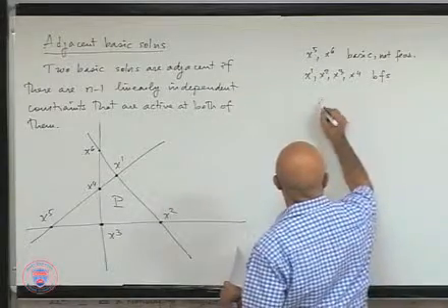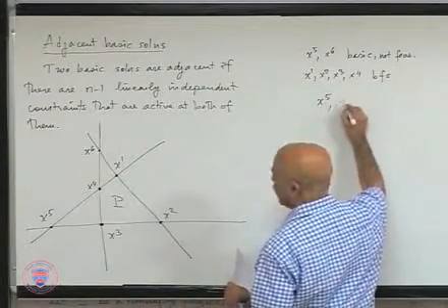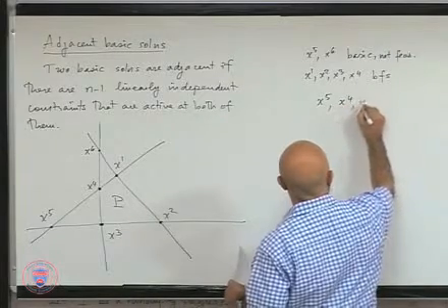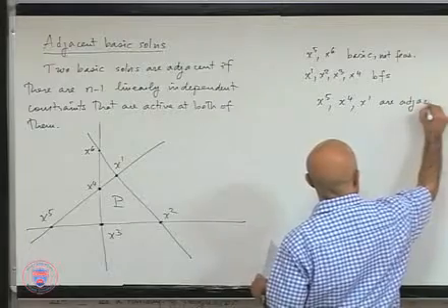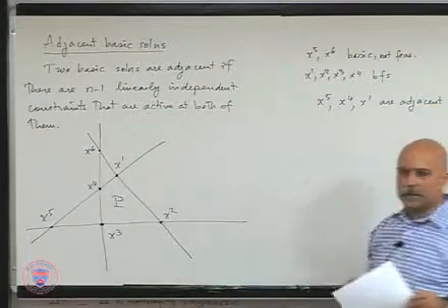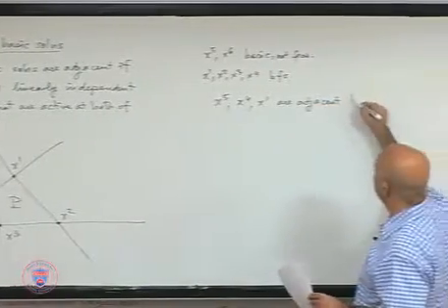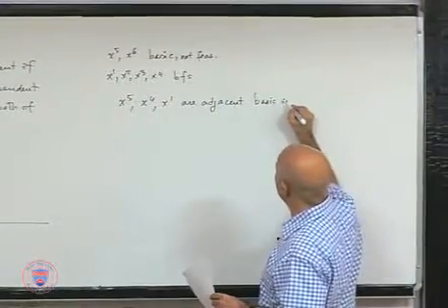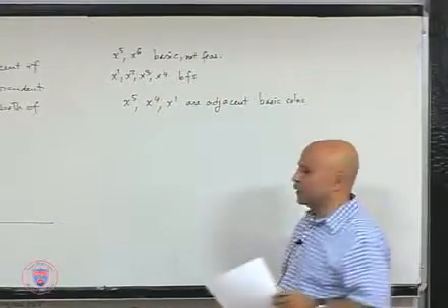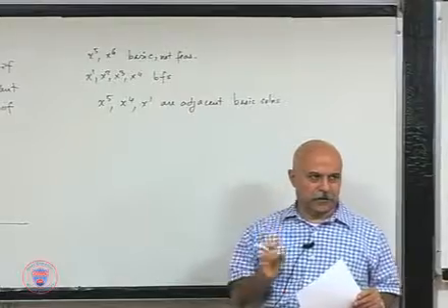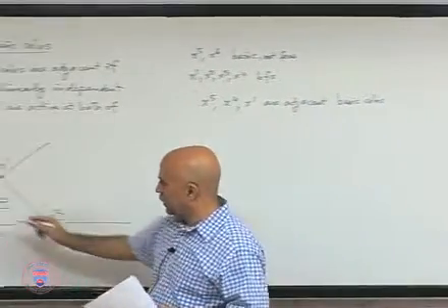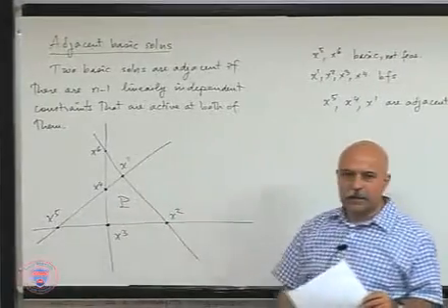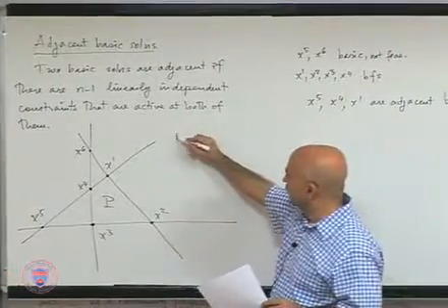So x5, x4, x1 are adjacent basic solutions. We're not talking about feasibility here. We're talking about adjacent basic solutions, because they share n-1 linearly independent constraints.